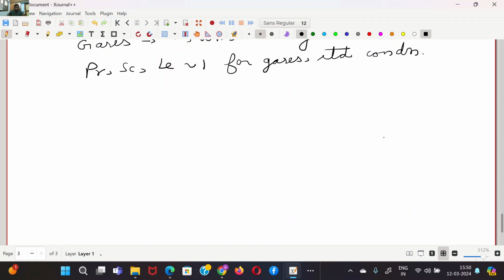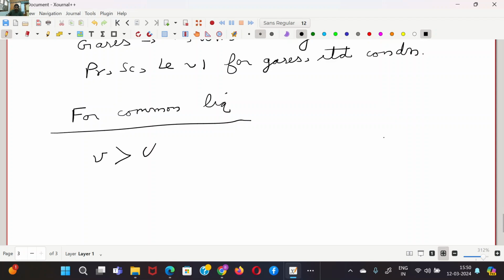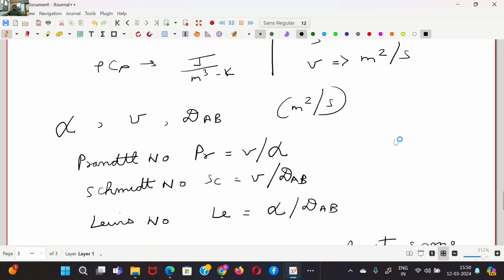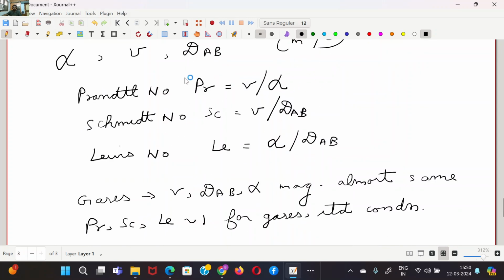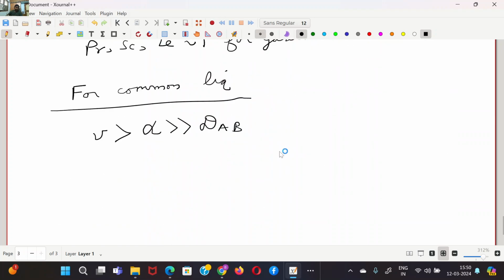Yet for common liquids, it's a bit different. The momentum diffusivity is generally higher than the thermal diffusivity. It's much higher than the mass diffusivity. Our interest should be mainly the Prandtl number, because we have studied momentum diffusivity and thermal diffusivity. When you combine these two, we get the Prandtl number. So we'll stick to that.